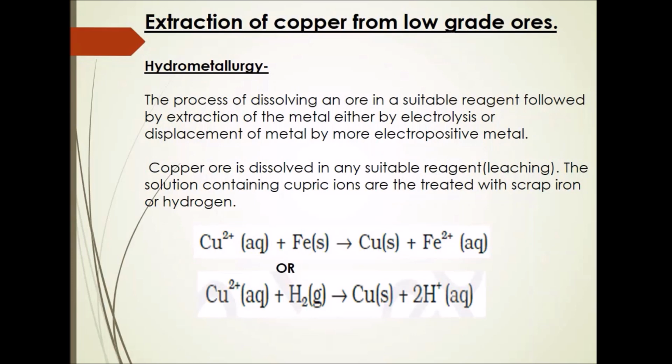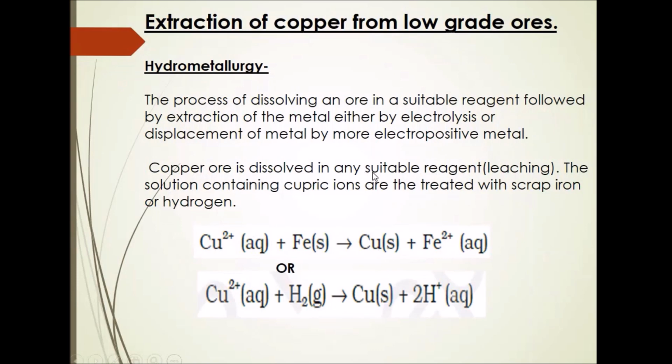So what is hydrometallurgy? The ore is first dissolved in a suitable reagent, and then the metal is extracted by electrolysis or by displacement using a highly electropositive metal. Okay. Now let us see how this copper is extracted then.